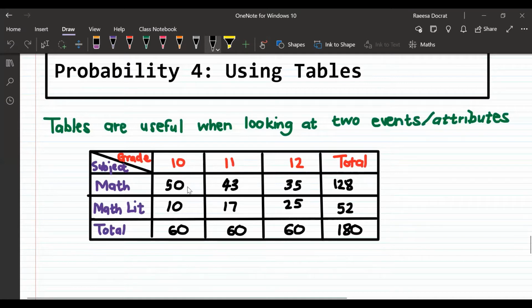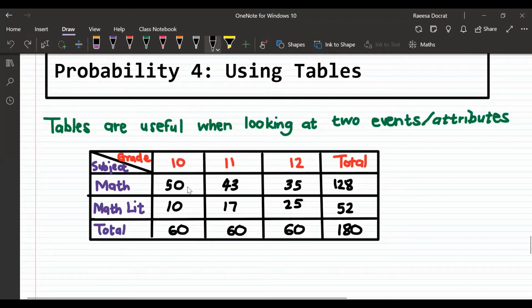The total number of people doing maths is this number over here, which is 128. The total number of people doing maths lit is 52. So if you add each of these columns, you should get to that total. And then the total number of students, both maths and maths lit, is 180.